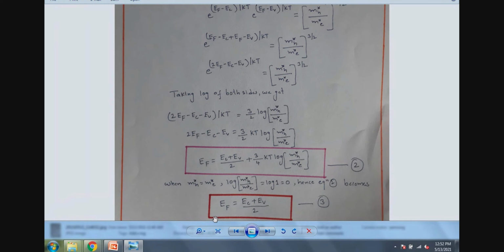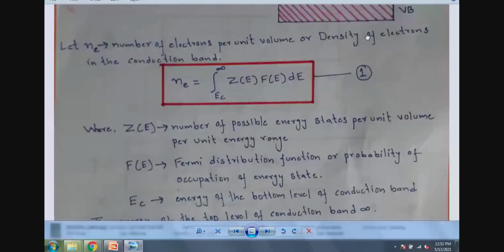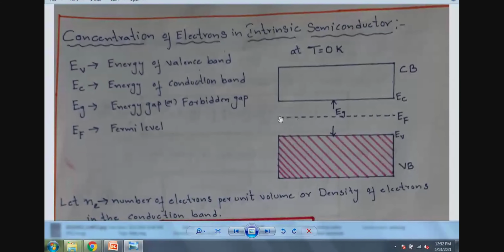So this is mathematically proved, but let us figure out. See here. So what you are seeing here, that's why initially I said that this Fermi level is exactly midway between the top level of the valence band and bottom level of the conduction band. We have proved this will be exactly midway. This is possible only in intrinsic semiconductor.